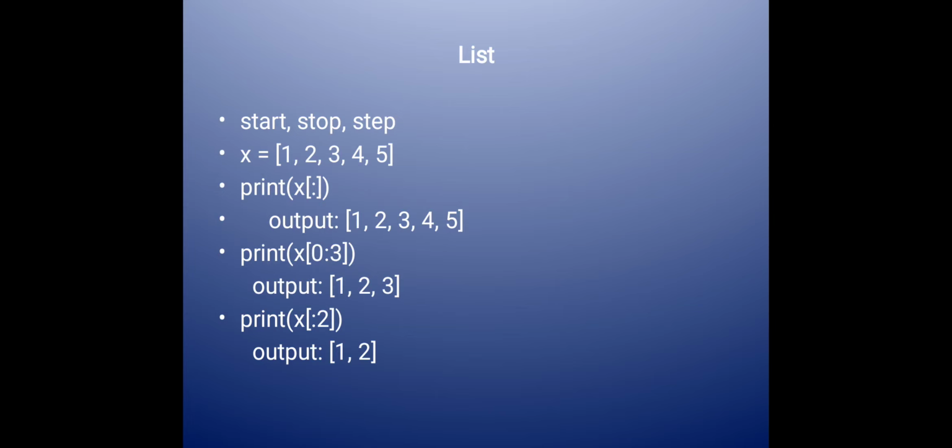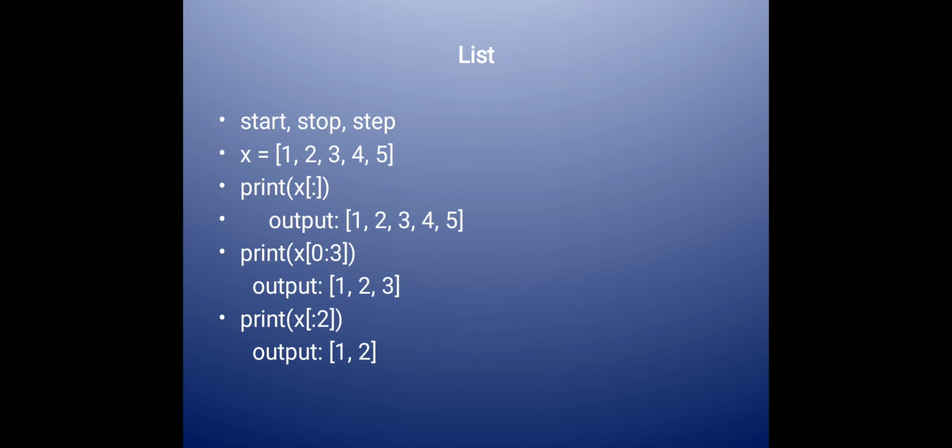The next is, here also we are going with the slice operator with values start, stop and step. Here also we have taken x is equal to 1, 2, 3, 4, 5 and print x of colon. So here we have only taken the start and stop.